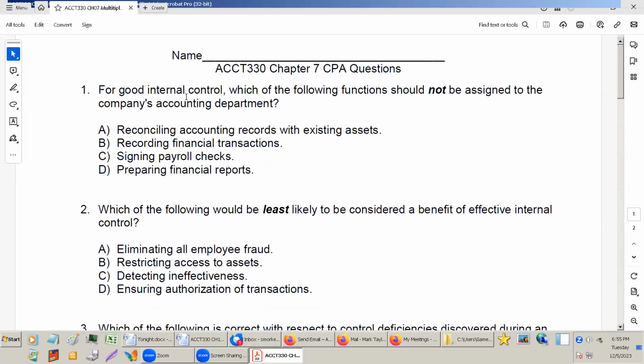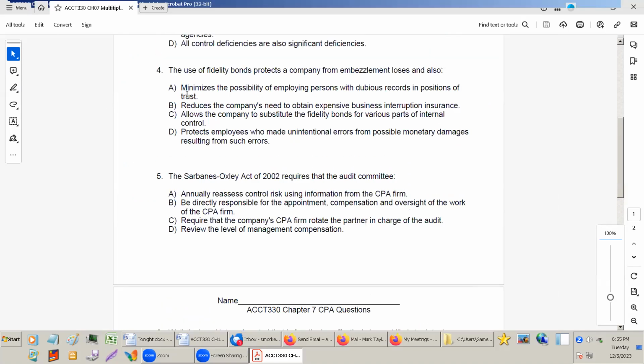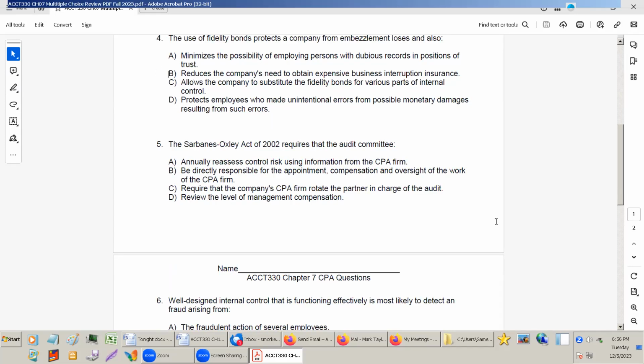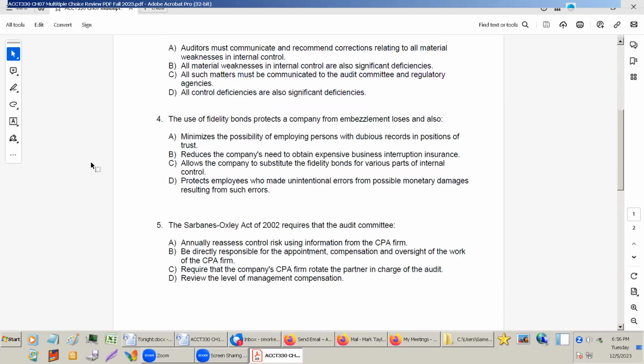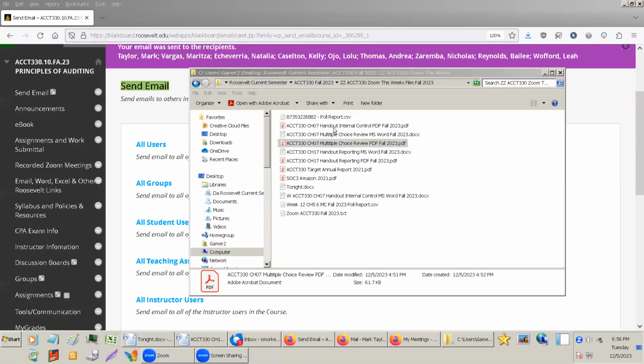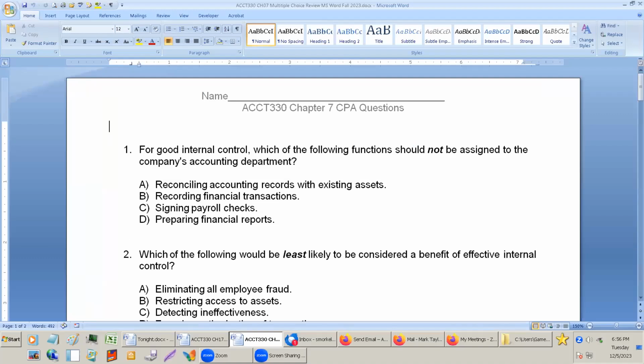Oh, and I gotta put the, what's going on here? All over the place. What's that doing? I'm sorry. Oh, I know why. I clicked on the wrong thing. Let's try that again. There we go.